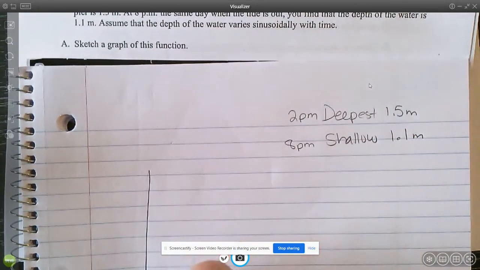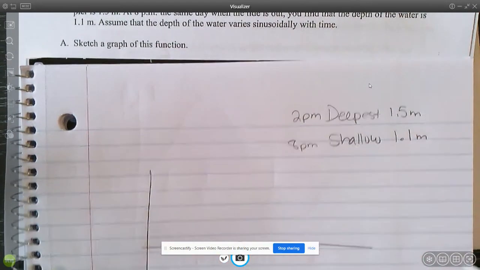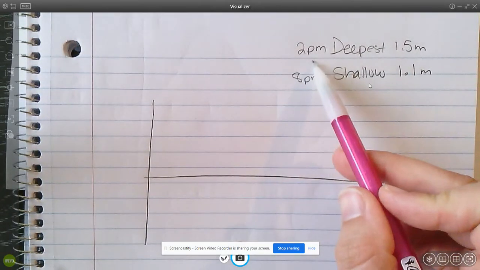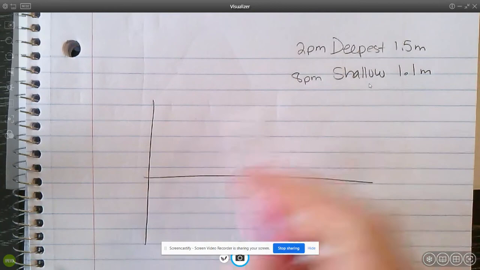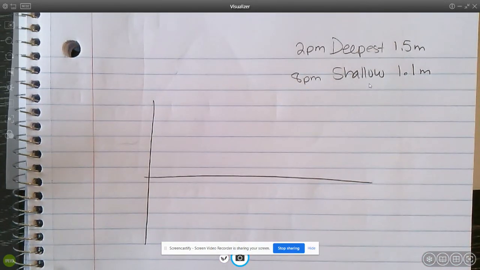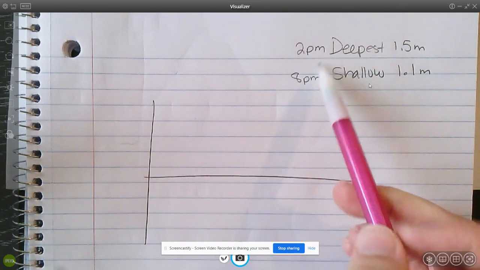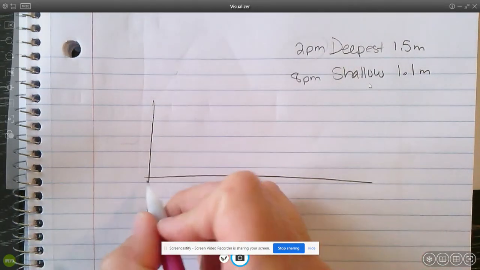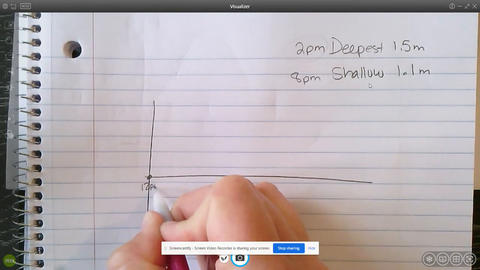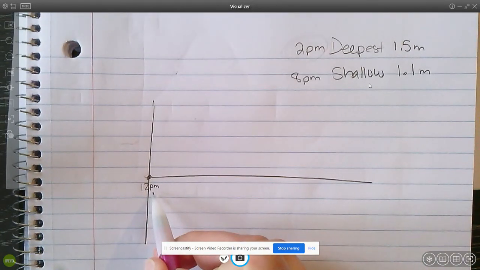So I start with this. So it starts at 2 p.m. So you have to make sure when you're dealing with time, you either start at noon, which is 12 p.m., or you start at midnight, which is 12 a.m. Since this is 2 p.m., I'm going to start this at 12 p.m. So that's at noon.